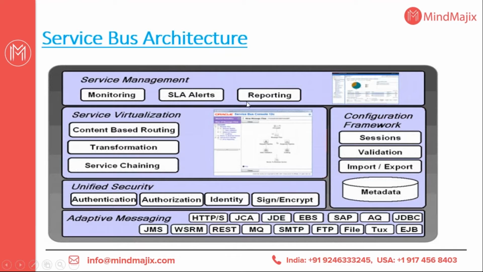As for SLA alerts, as I was stating, we can set alerts if there is a delay in the response of transactions or a delay in response from the target system. We can then work with the target systems on the delinquency of the particular data and related things.